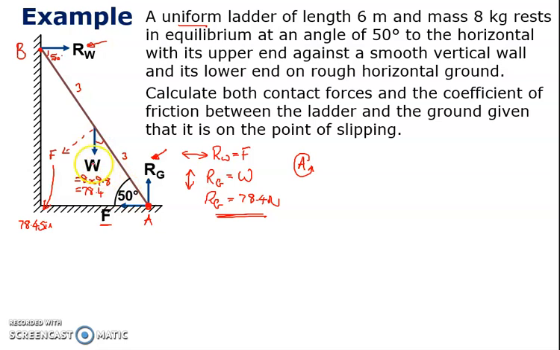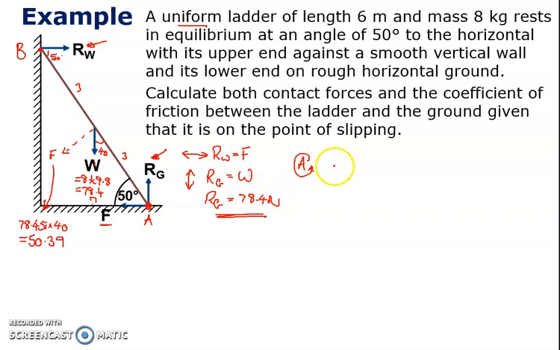And quite straightforwardly, if that's 50 and that's a 90 degree angle, this must be 40. So 78.4 sine 40 times sine 40 gives 50.39. So I know that force is now 50.39.